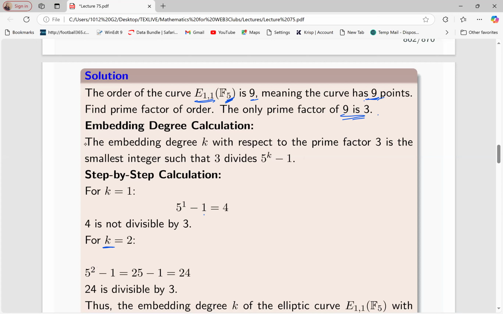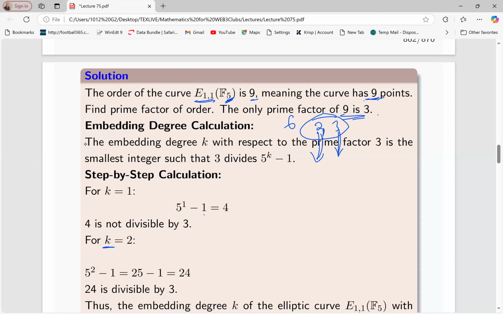If it has 2 factors, for instance, supposing the order was 6, the prime factors of 6 are 2 and 3. So it means this elliptic curve would have 2 embedding degrees. One embedding degree with respect to this, another with respect to this.